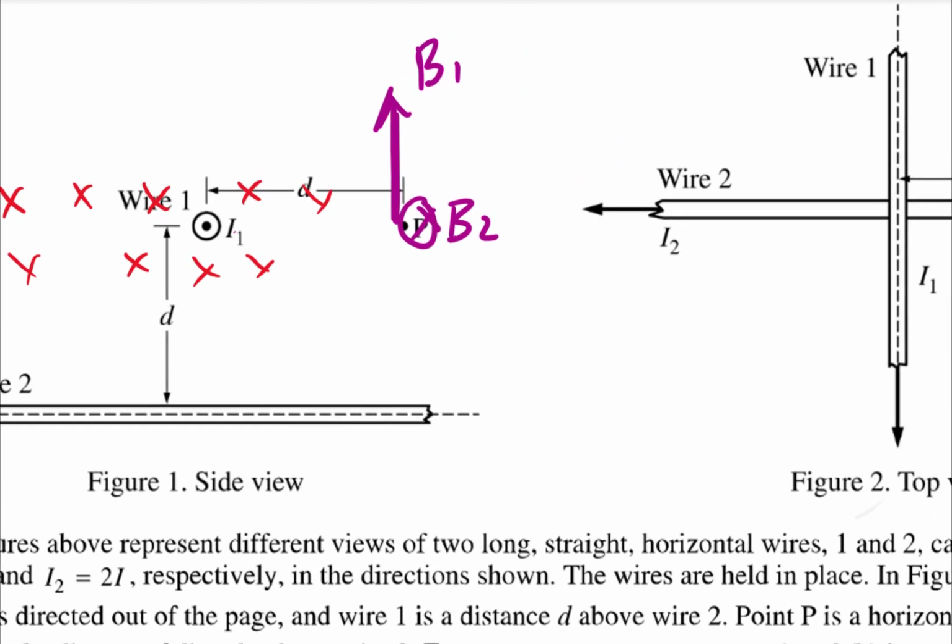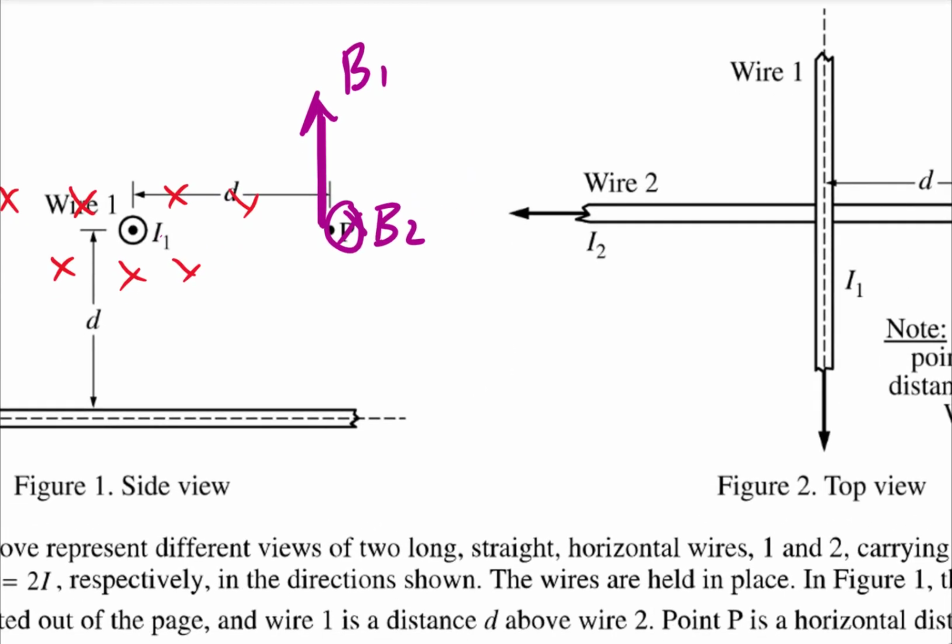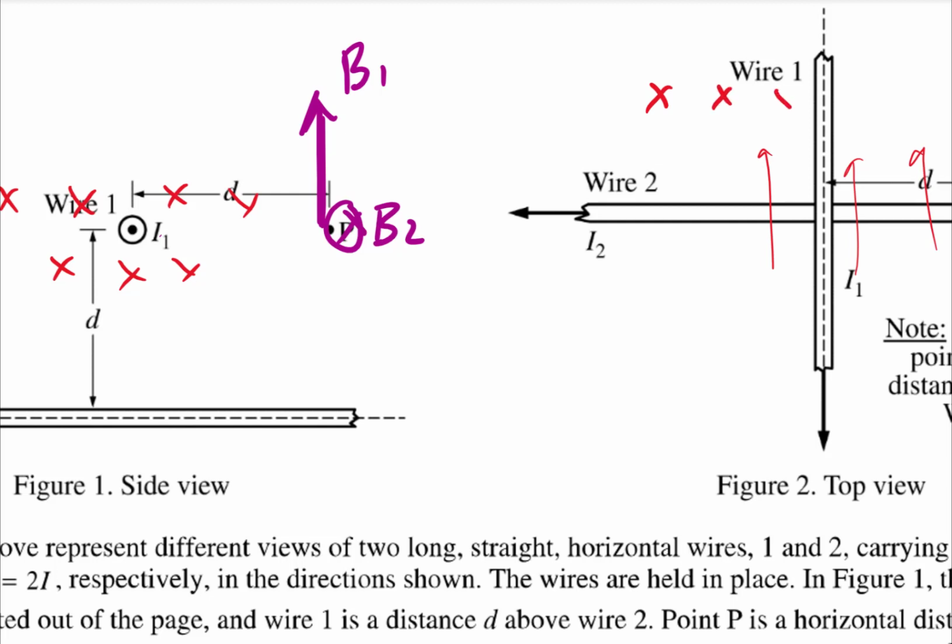So if we look up here, that means where wire 1 is, the magnetic field points in this direction. Right above wire 2, the magnetic field is back, but here the magnetic field is into the page, and on this side the magnetic field is out of the page.